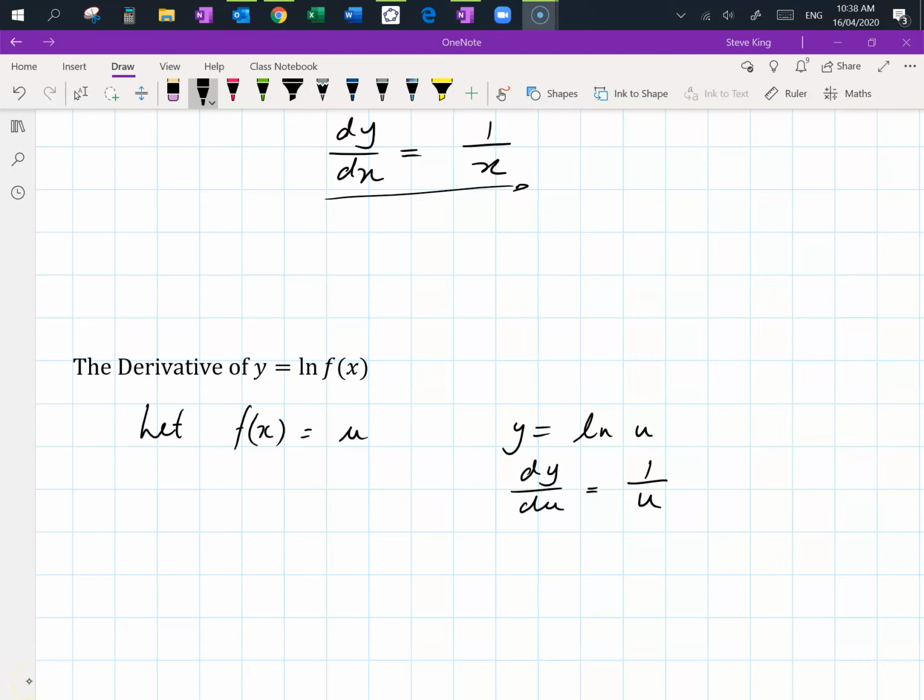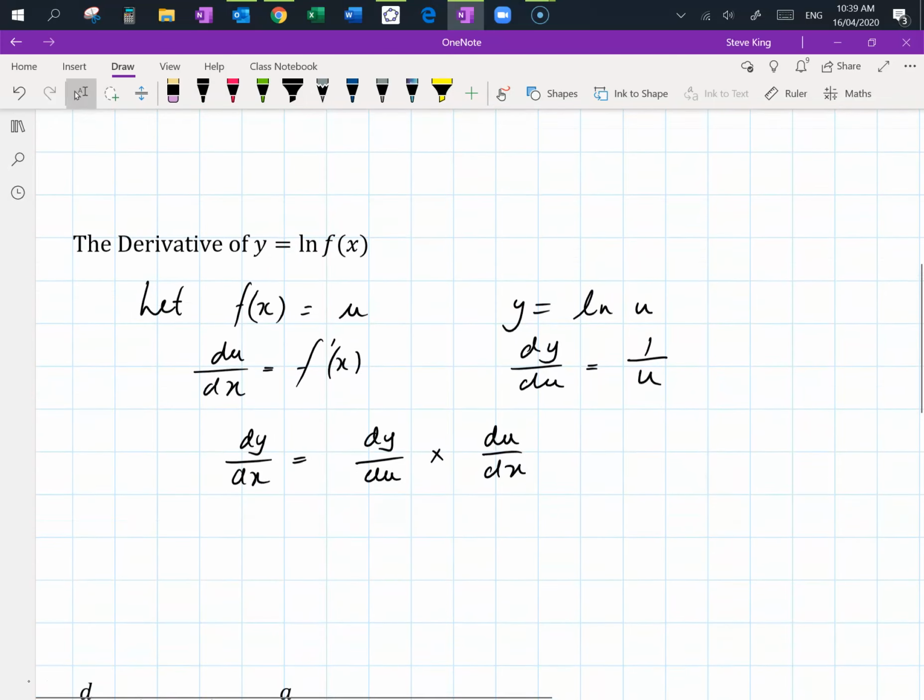And if I look at my previous part, if I want to find du dx, well, that's simply going to be the derivative of f of x. So now using my chain rule, I can say dy dx is simply going to be dy du multiplied by du dx.